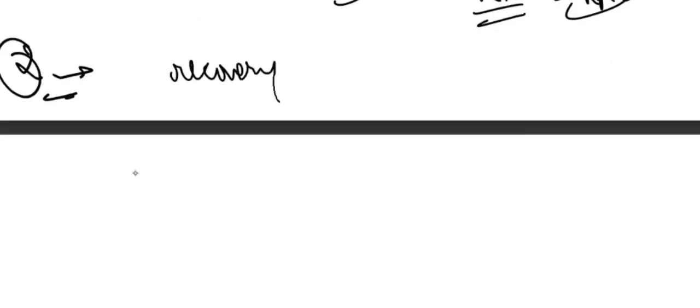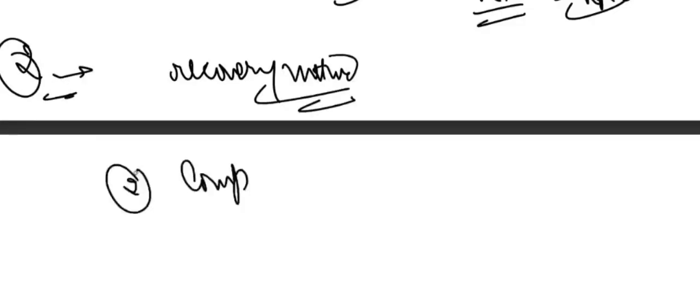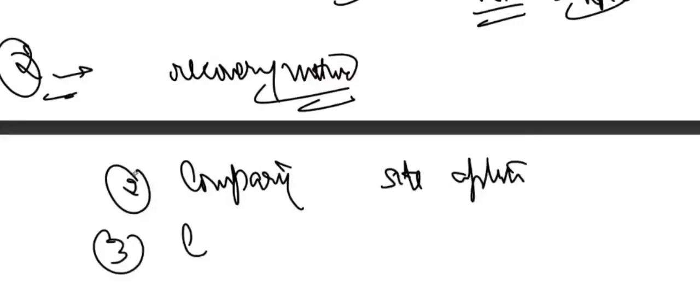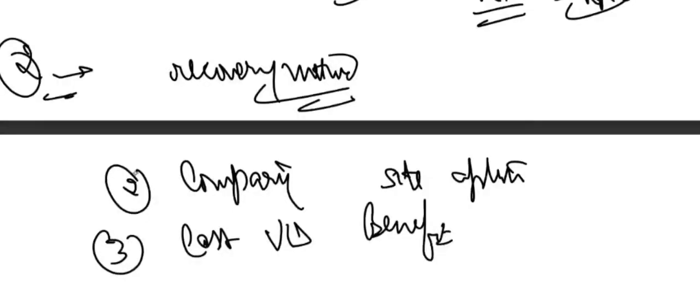Now what is the team doing? The team is deciding the recovery method. They are comparing the site options available, and they are evaluating cost versus benefit. There is no writing of procedures yet. They are just choosing the recovery strategy.